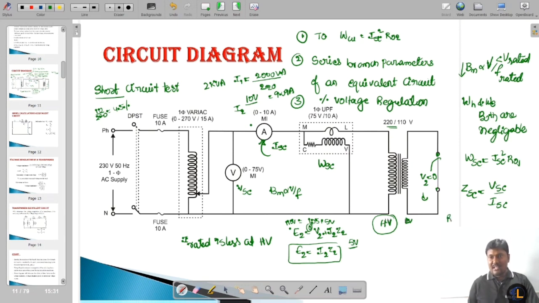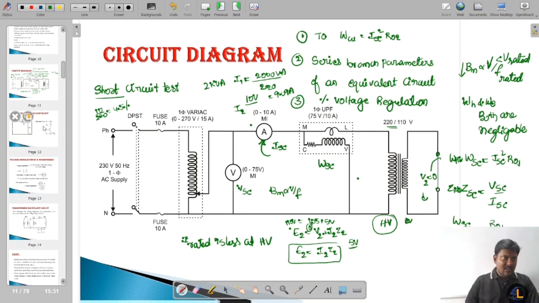From this I can calculate the RHV. These are all parameters referred to HV side, ZHV and RHV. So from ZSC we are getting WSC by ISC square, which is equal to R01.